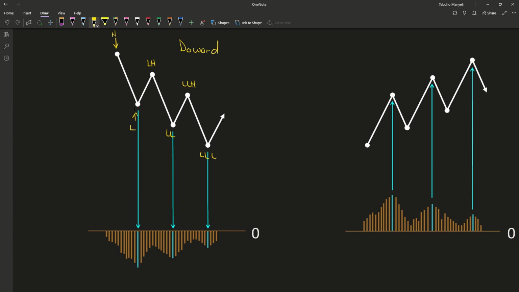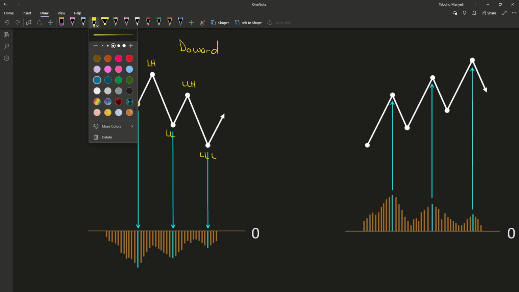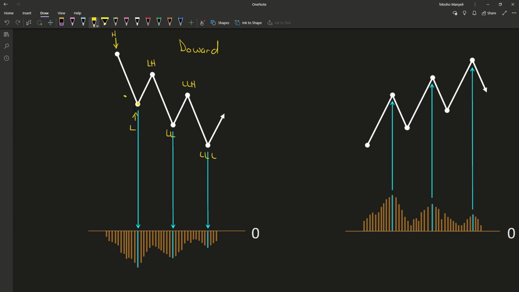Okay? So in essence, if we connect all the lows together, let me do that for you. If we connect those lows together, we're going to have an arrow that's actually pointing downwards. But if we look down here, this is your MACD. As we create our first low, the MACD also creates a low here in blue.